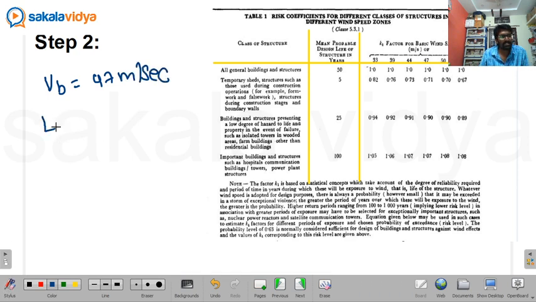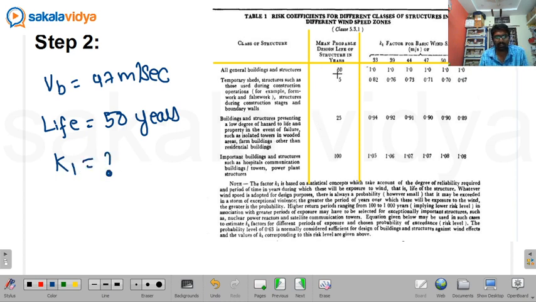The life of the structure is 50 years. We have to find the value of K1. Life of the structure is 50 years and basic wind speed is 47, so the value of K1 is 1.